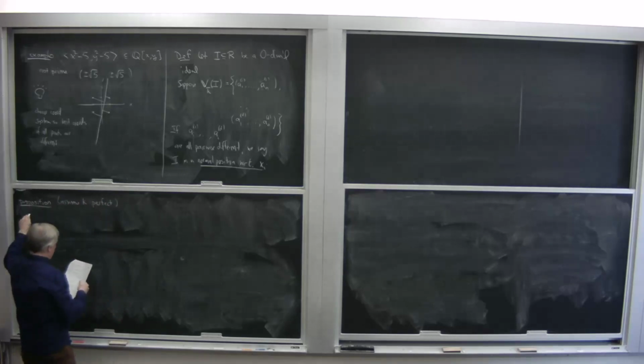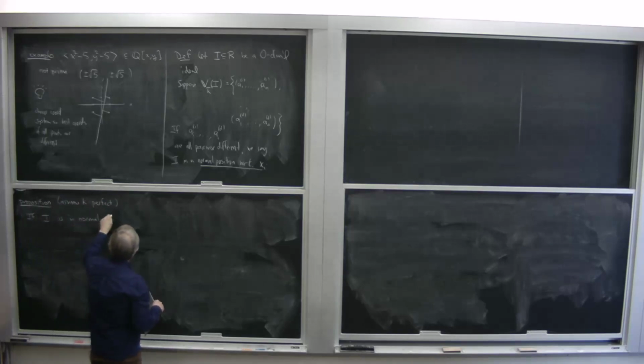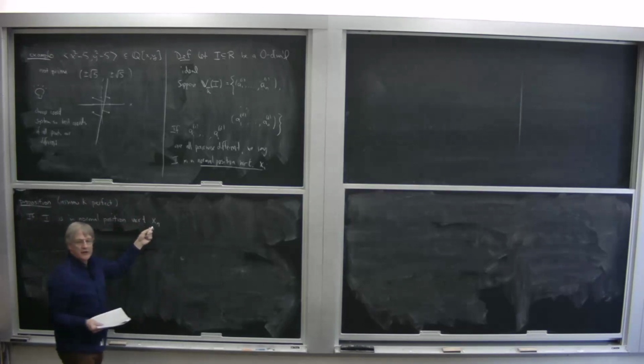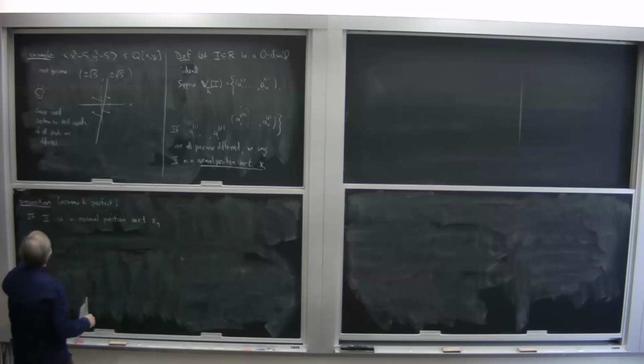Okay, so now if I is in normal position with respect to x_n, I'm just choosing one of the variables, so it's convenient to choose the last one a lot of times, and I is radical.